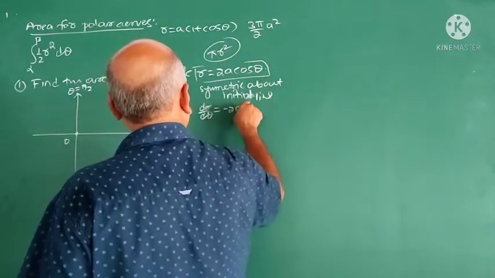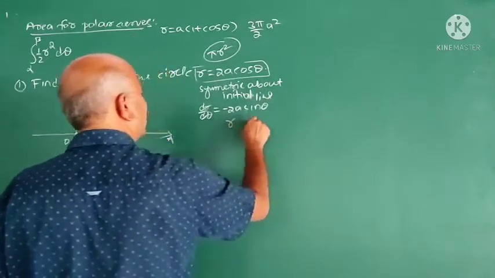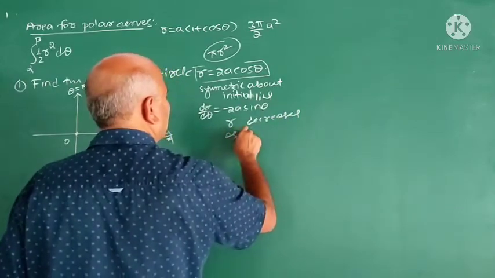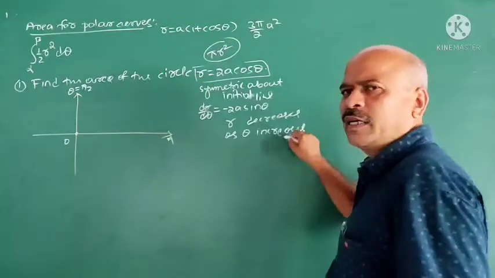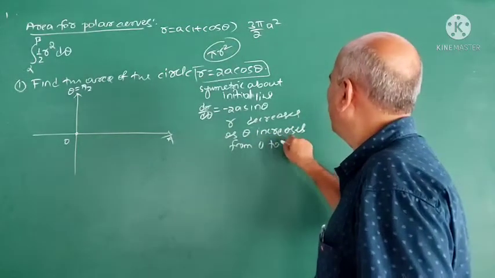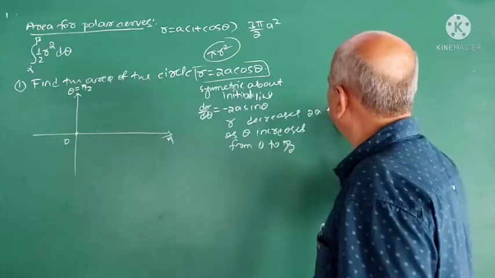It is minus 2a sin theta. Therefore, r decreases as theta increases from 0 to pi by 2. R decreases from 2a to 0.